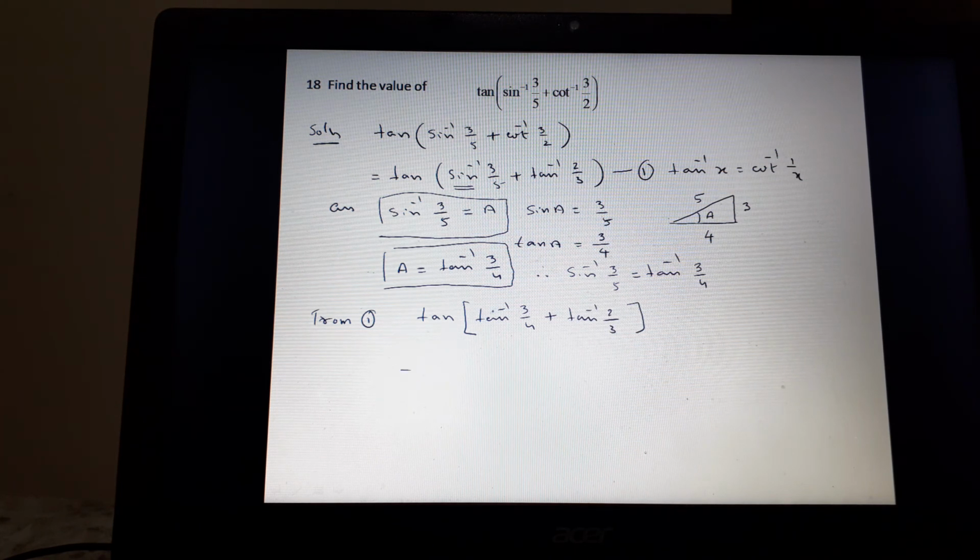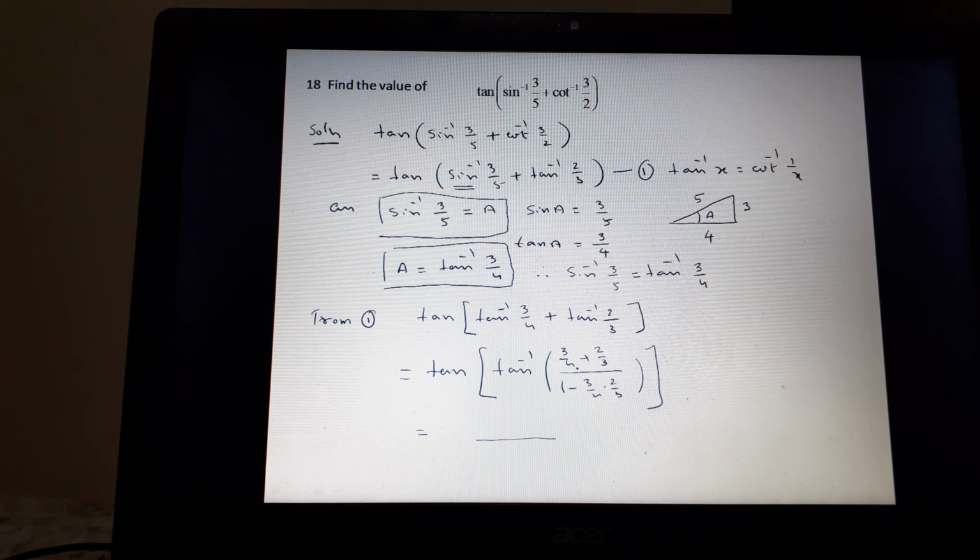Because we want to find the value, that's all. So now tan inverse x plus tan inverse y is tan inverse of (x plus y) divided by (1 minus xy), that is 3 by 4 plus 2 by 3 divided by 1 minus 3 by 4 into 2 by 3. Of course tan of tan inverse becomes identity, so this we have to simplify.